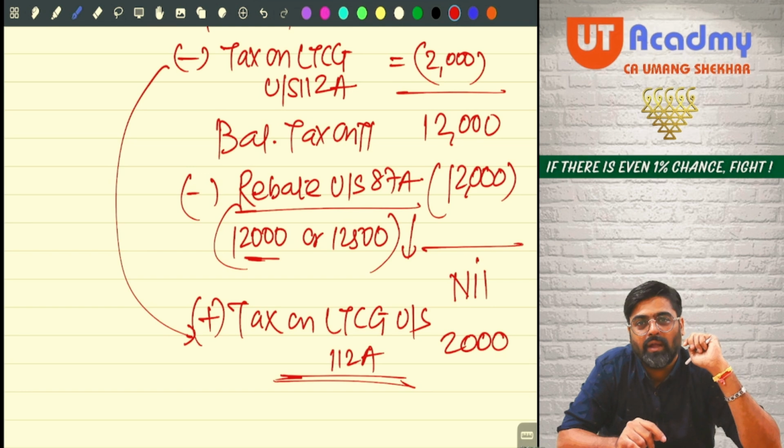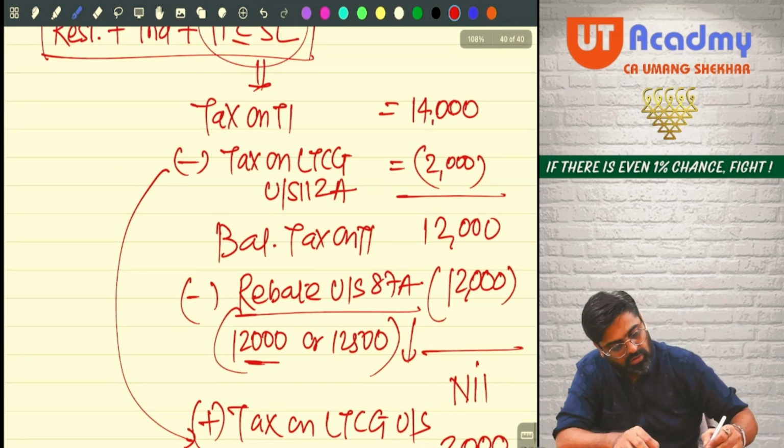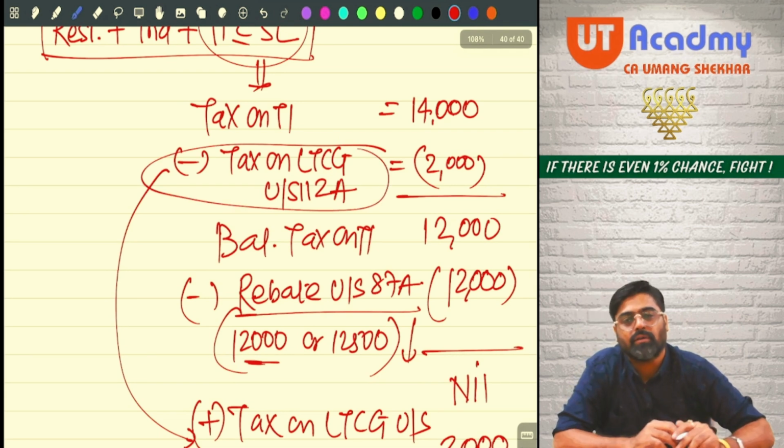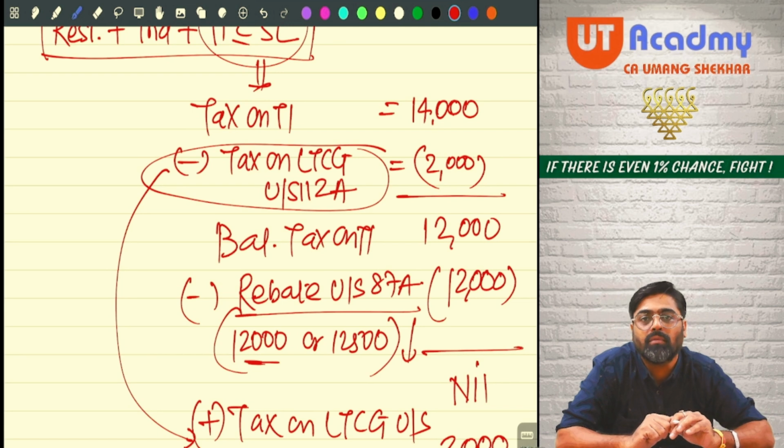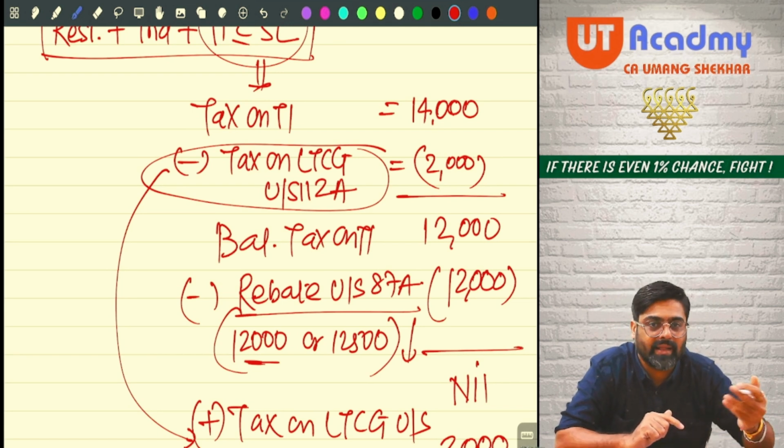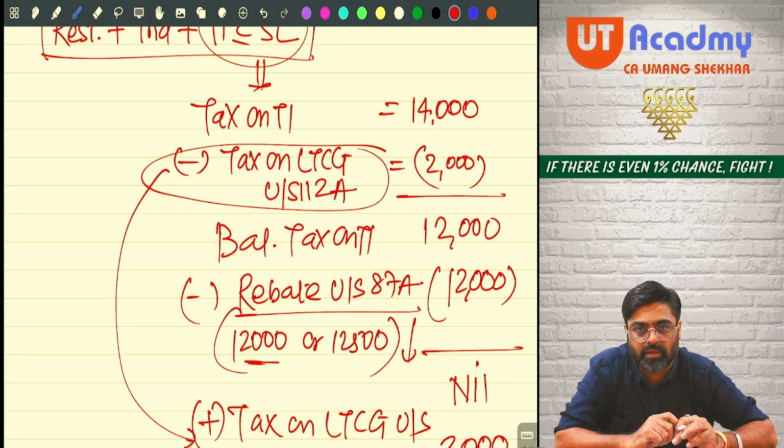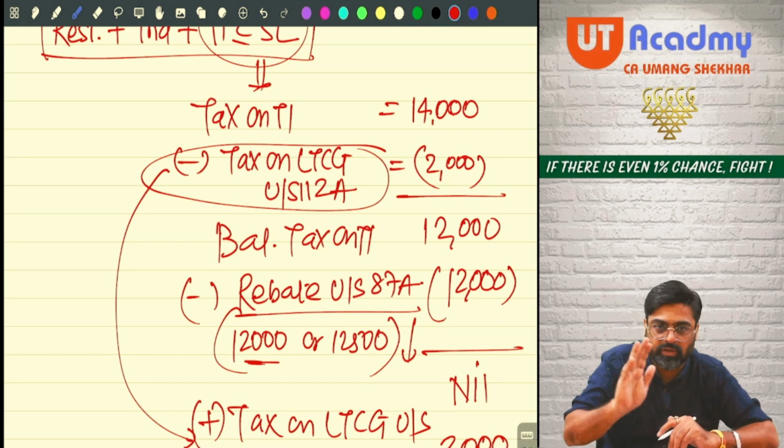Got it? And if, for example, there was no tax on LTCG, then entire 14,000 could have been claimed as rebate subject to maximum 12,500. Then in that case, my tax liability would have been 1,500. Add 4%. Done? 1,560 final amount. So this was the calculation of rebate.